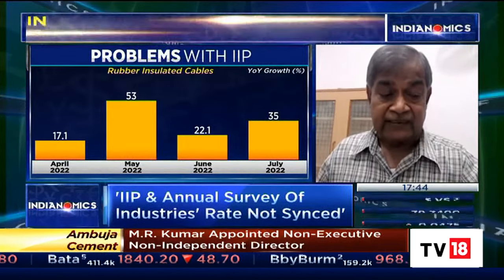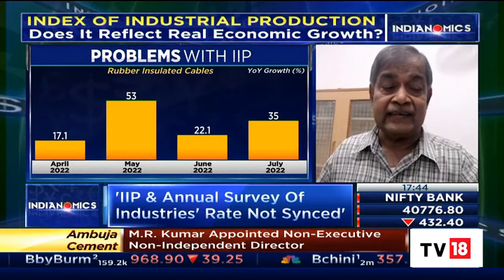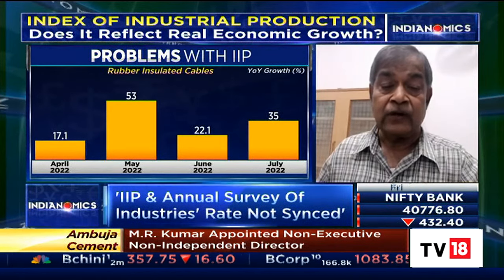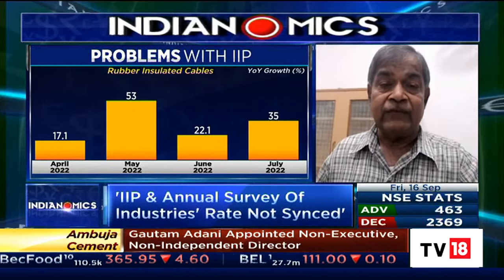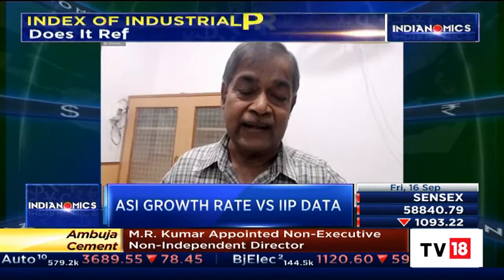Come to the next 5 years, ASI latest data is available for 2019-20. So if we start from say ASI 15-16 and look at the 5-year growth rate data based on IIP vis-a-vis ASI, I find that in 3 years, ASI-based growth rate is higher than IIP-based growth rate. On the other hand, in the remaining 2 years, it is the other way around. IIP gives higher growth rate.